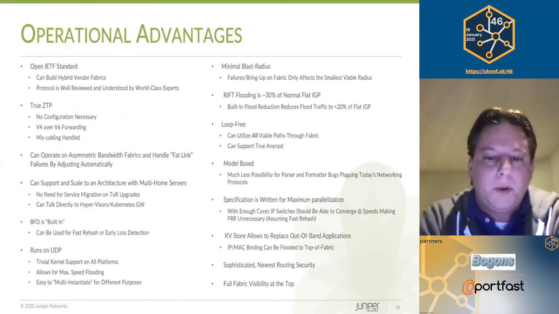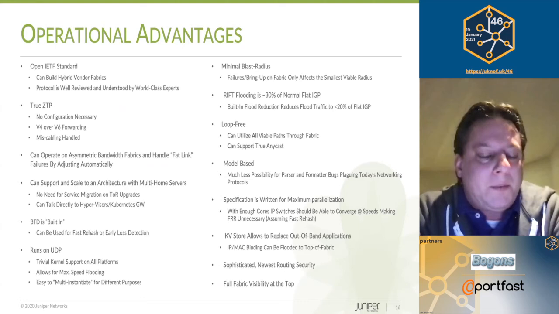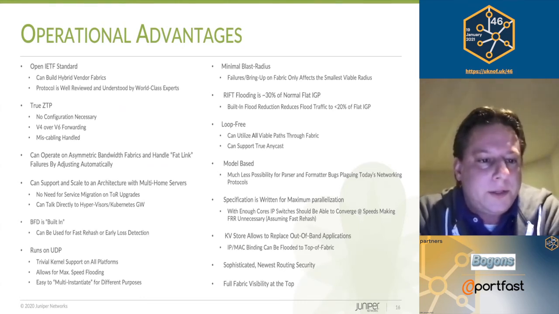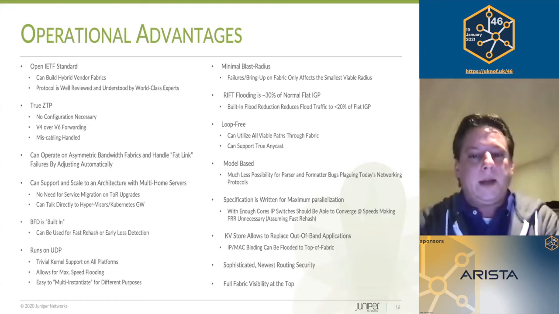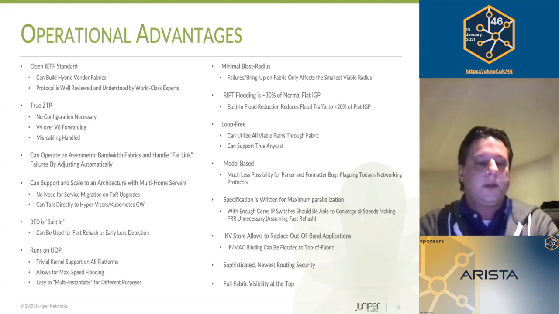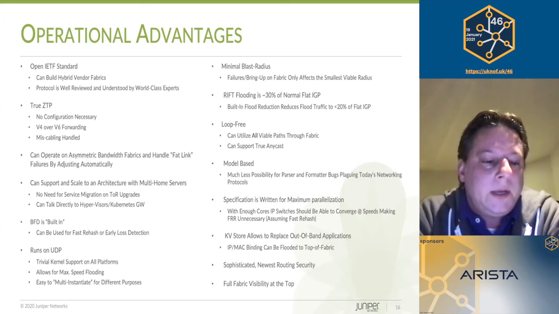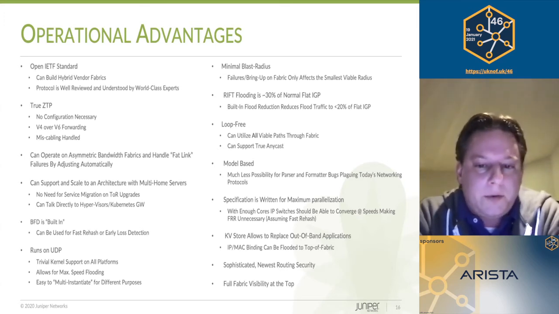And with the probably 1 minute I have left, I want to quickly touch on these advantages. It's an open standard. It's really designed from the ground up. Yes, work in IETF is still going on, but that's about to become an RFC. And it has a lot of advantages.